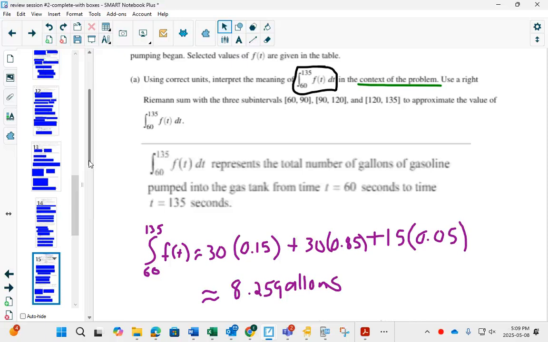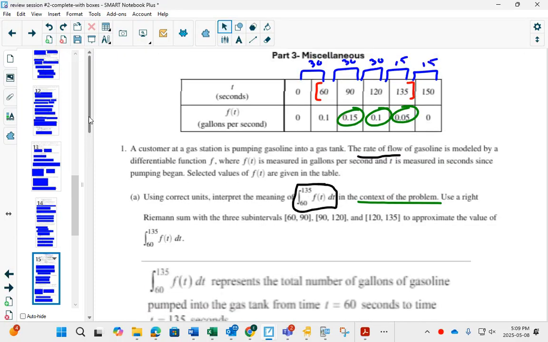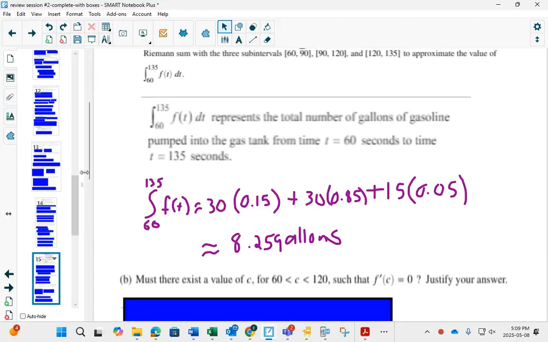Yes. Why is it 30 times 0.85? Let's say one on the table of values. Oh, that is a good question. Because it should be 1. I circled the 1. I'm not sure why it said 0.85. That's just a typo. Is it 0.1?